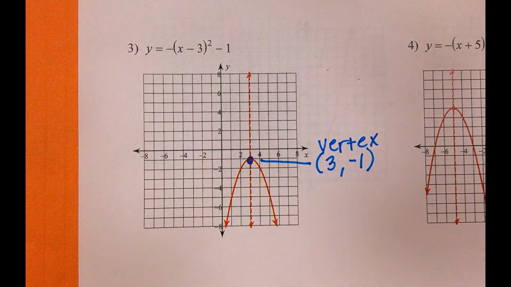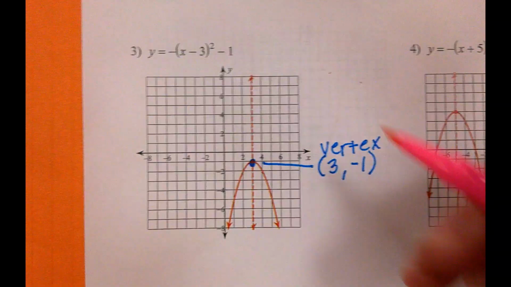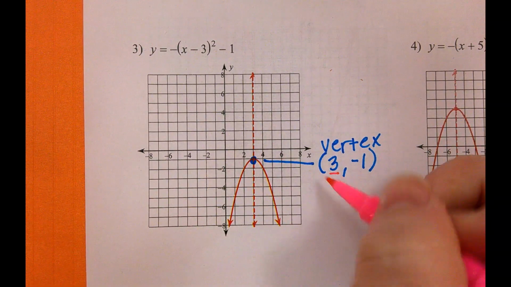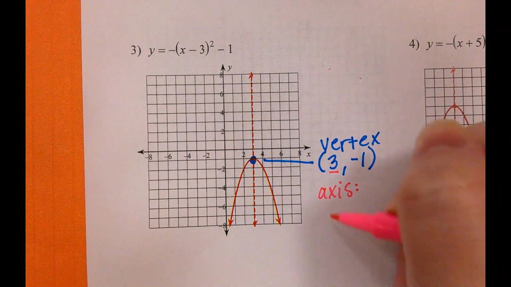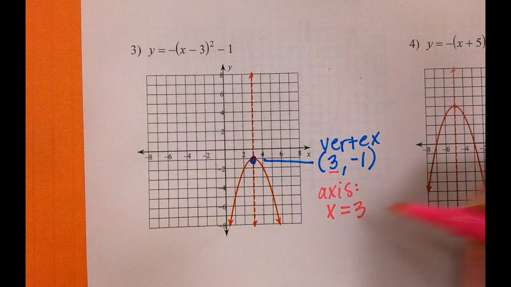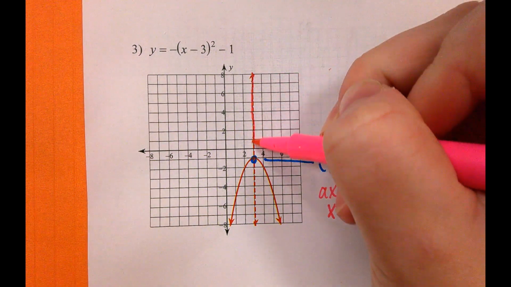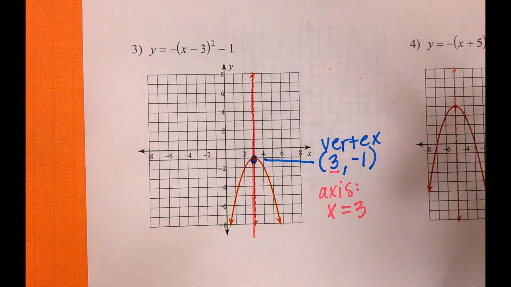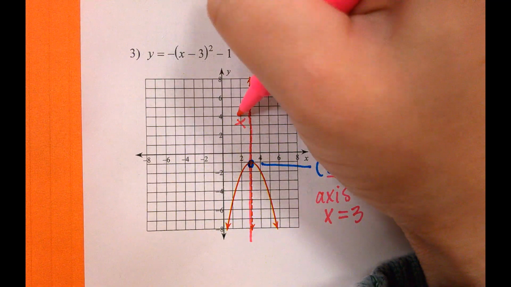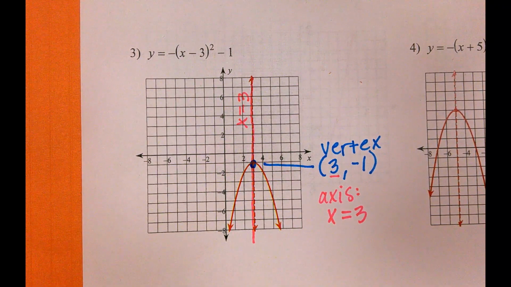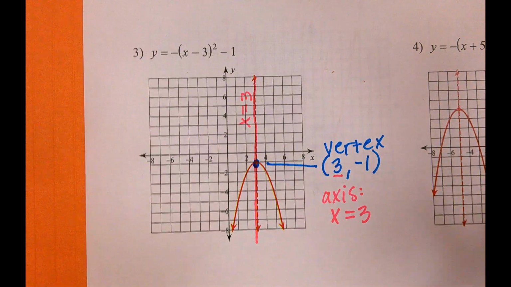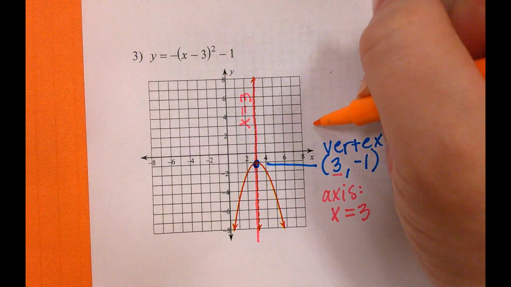How about our axis of symmetry? X equals 3. Same as the vertex. And we can see that dotted line goes through 3 on the x-axis. Next, what direction does this one open? Down. Good.